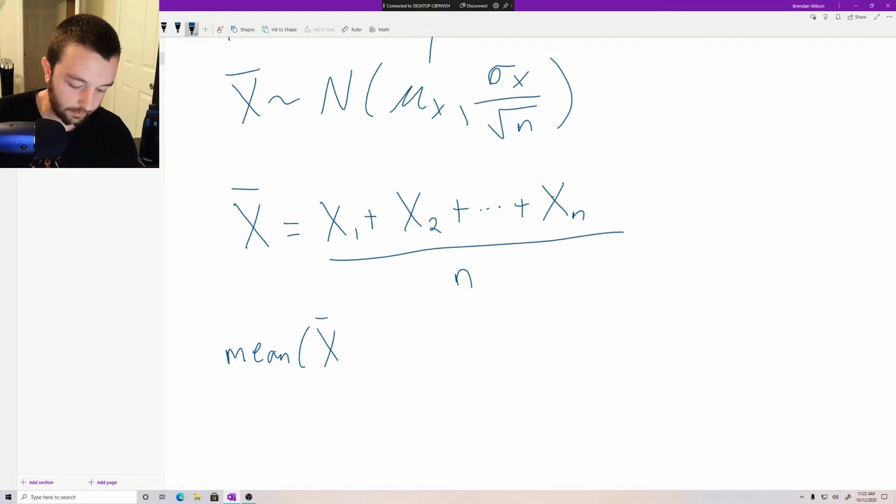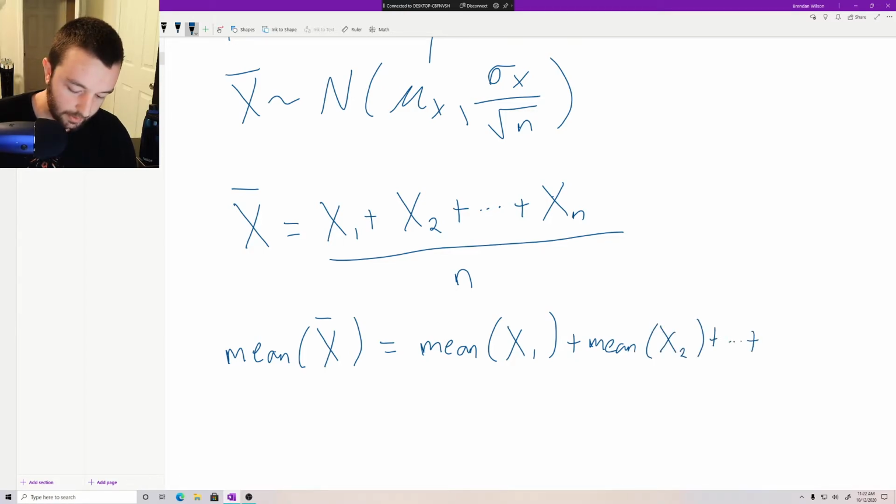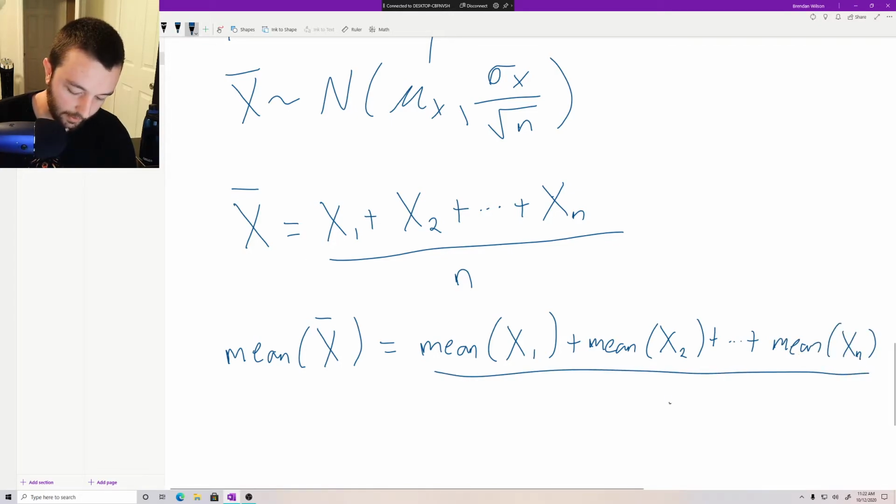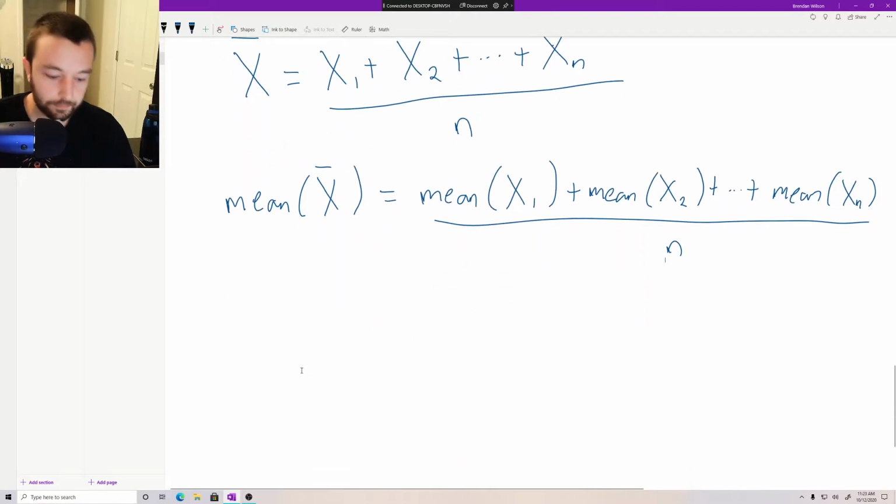The mean of X bar is the mean of x1 plus the mean of x2 plus ... plus the mean of xn, divided by n. So when we're finding the mean of X bar, all we have to do is take the mean of everything in the formula. More commonly, we'd write this as the expected value, which we introduced, I think, in chapter 4, but we can write it as the mean just as well. The mean is what's known as a linear function, which means that we can write it just like this.